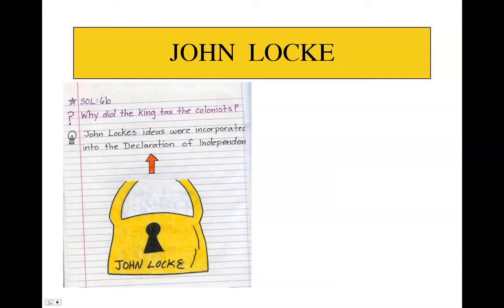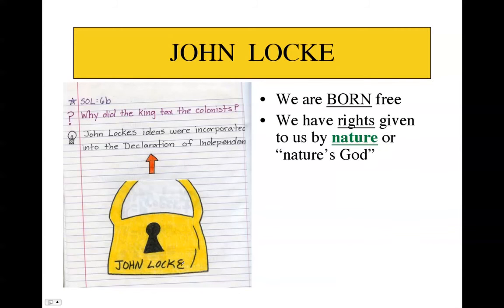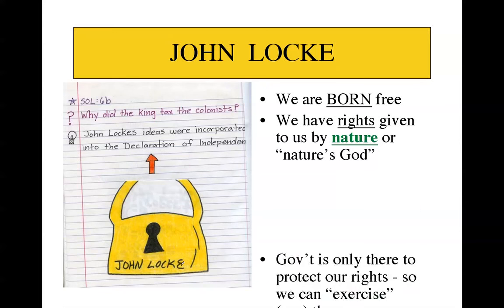So, John Locke, what did he have to say? He was a philosopher, and he believed, unlike Hobbes, that in the state of nature people were naturally good, that we as human beings are good and can govern ourselves. He believed that people are born free. We have rights given to us by nature. You see this in the Declaration of Independence, where it says we have the right to life, liberty, and property, and that idea comes from John Locke.